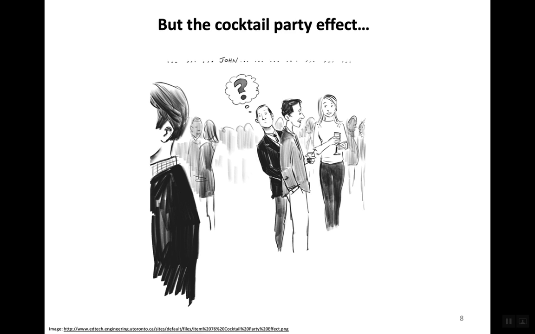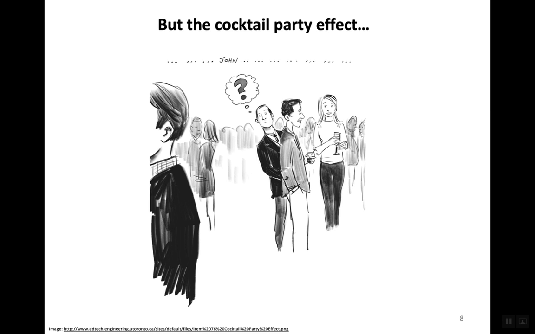Yet there are some counterexamples to this theory of early selection, of filter theory. And some of these counterexamples come from everyday observation, not from scientific experiments. In case you do not remember the cocktail party effect, which you probably encountered in the Intro to Psychology class, this refers to a common experience that most of us have probably had.